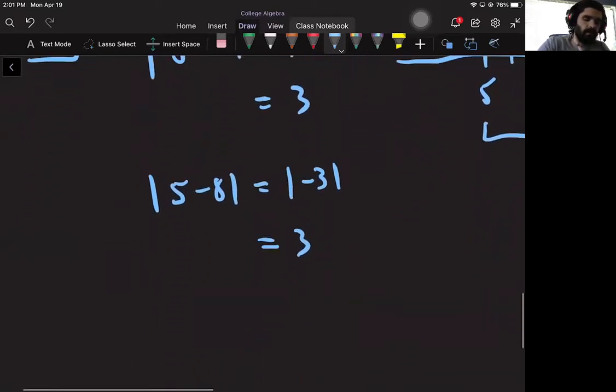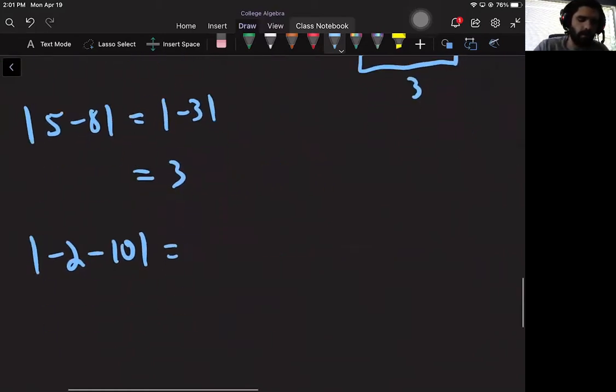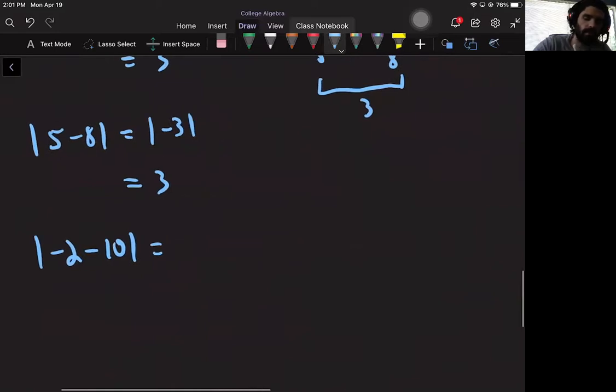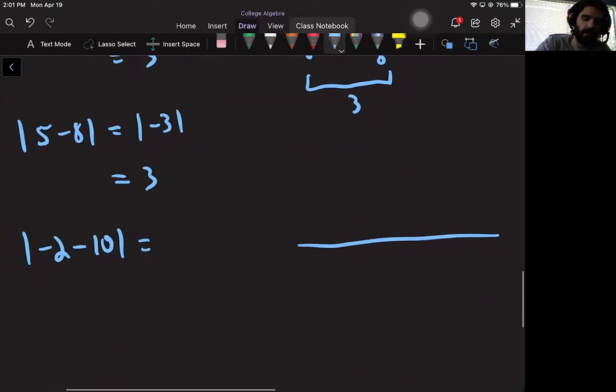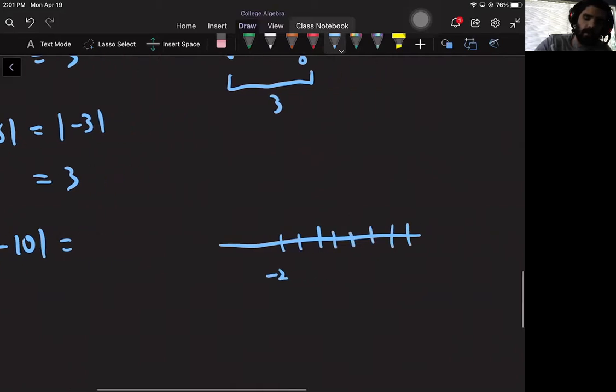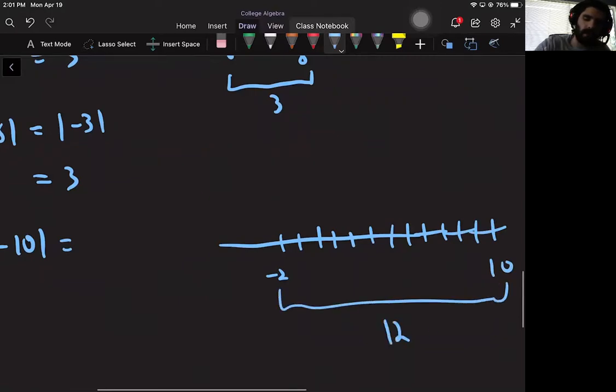If I throw in some negative numbers, so I do -2 minus 10, this should tell me how far -2 is from 10, since those are the two things I'm subtracting. Well, let's visualize it first and then see if we get the right answer. If this is 0, 1, -2, 1, 2, 3, 4, 5, 6, 7, 8, 9, 10, you can go ahead and count, and these would be 12 away.